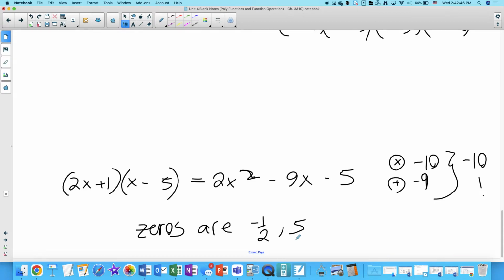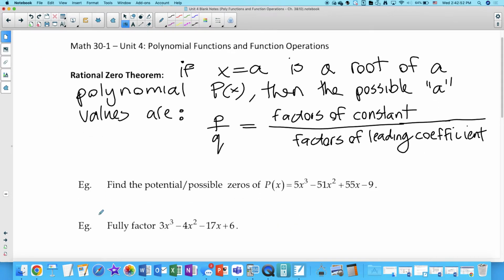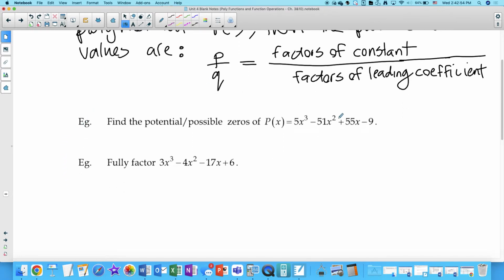So just to get a sense of how this will work, let's list the possible zeros of this function. The zeros are the values of x that make it 0. The constant is -9. What are the factors of 9? It doesn't actually matter what the sign is because it could be plus or minus. If you have -9, you're going to multiply a positive and a negative anyway.